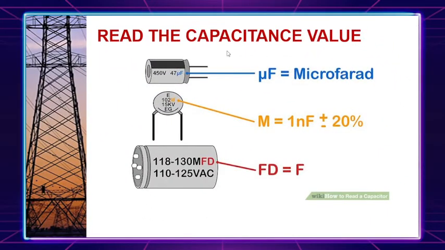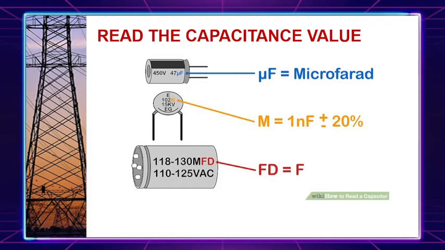Next is how you read the capacitance value. Most large capacitors have a capacitance value written on the side. As you can see, based on the illustration, the value for capacitance is written at the end or the other side.